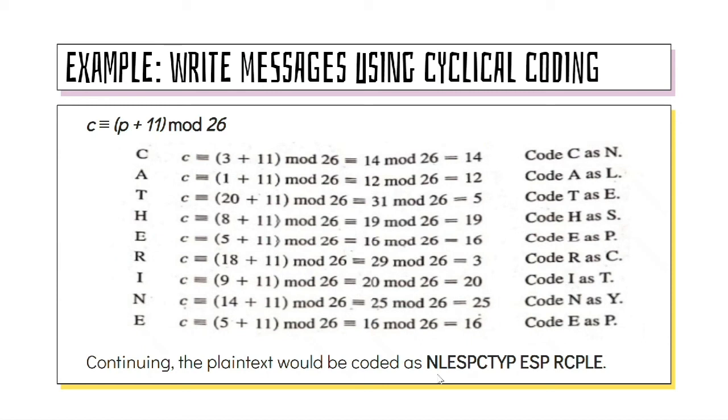Take note that each letter has a corresponding ciphertext letter. So the number of letters in Catherine is the same as in this. Okay.